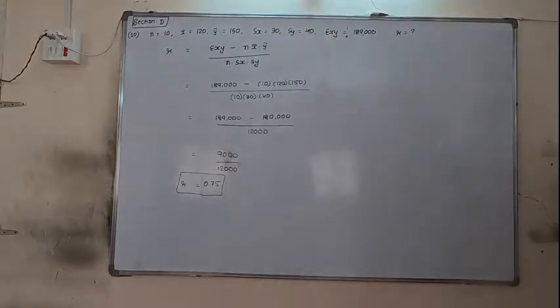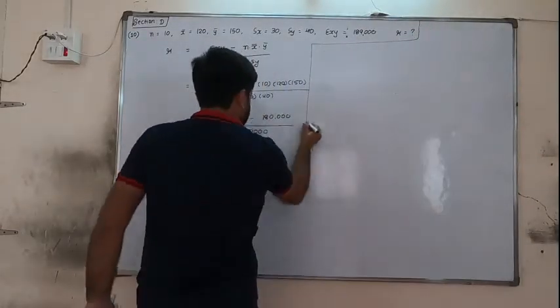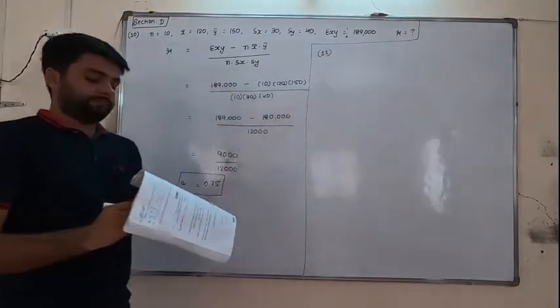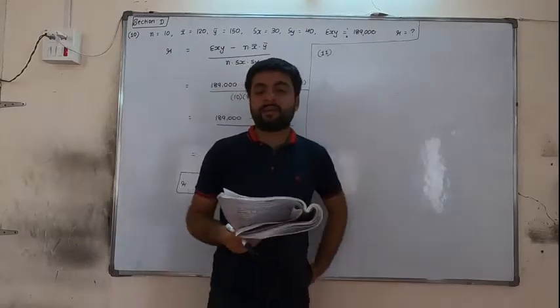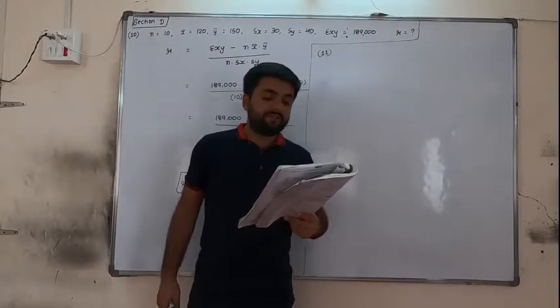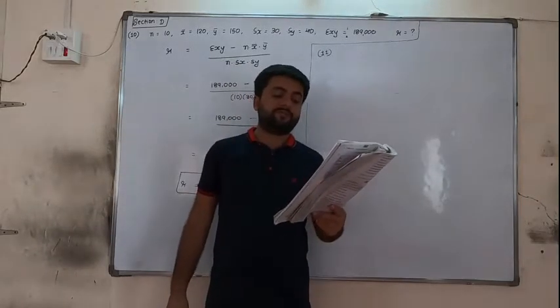So this is about section D, sum number 10. Now going to sum number 11. The following information is obtained for 9 pairs of observations. So n is 9. Sigma x 51, sigma y 72, sigma x square 315, sigma y square 582, sigma xy 408.